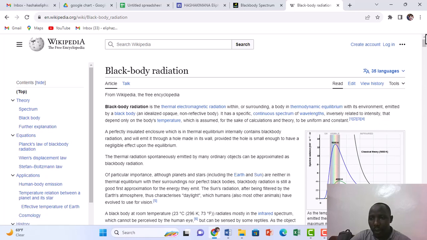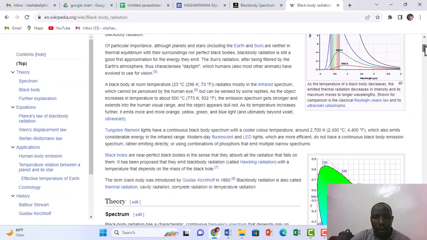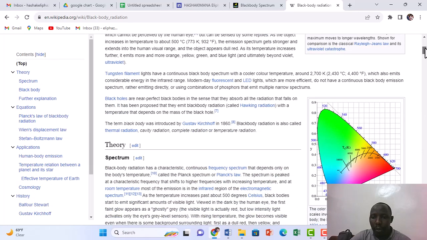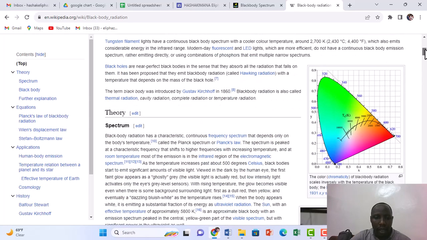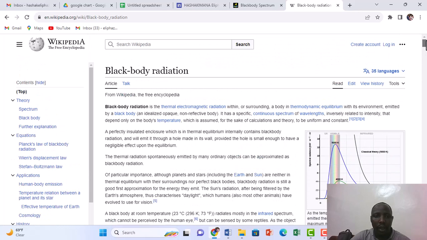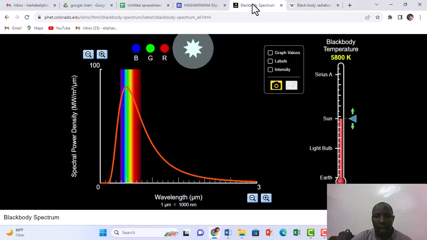You understand that the body temperature changes the value for that black body, which means the radiation spectrum will change as the temperature changes. For this, we are going to see the PhET simulation as we interpret our formula. Here we have the spectral power density, which changes with the wavelength.